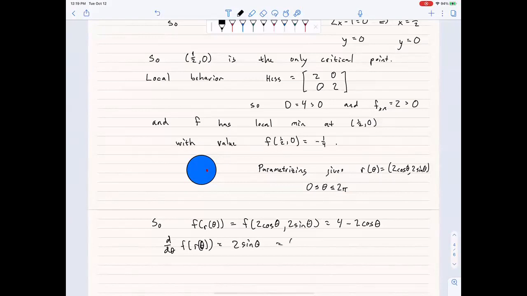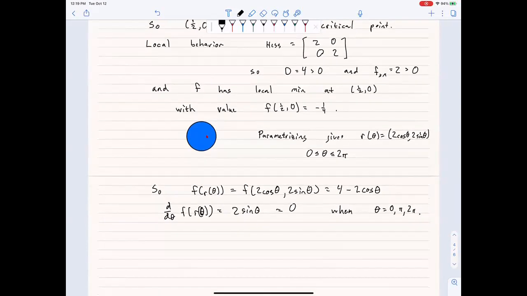And I want to set this equal to 0. But this is only 0 when theta equals 0, pi, or 2 pi. Now, 0 and 2 pi aren't critical points because they're endpoints. But if we're going to extremize, we need to check the endpoints anyway.